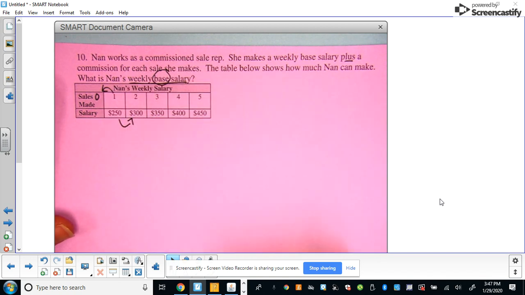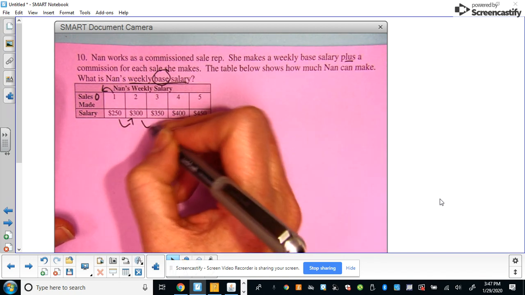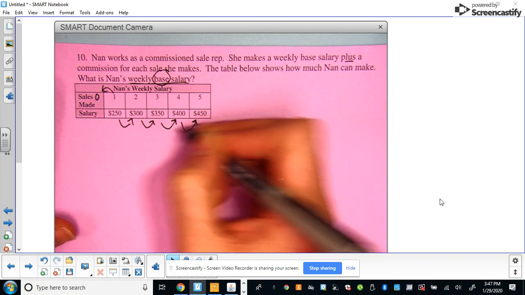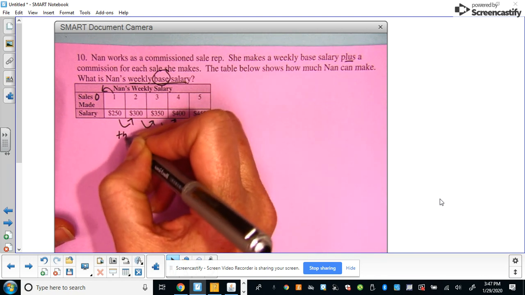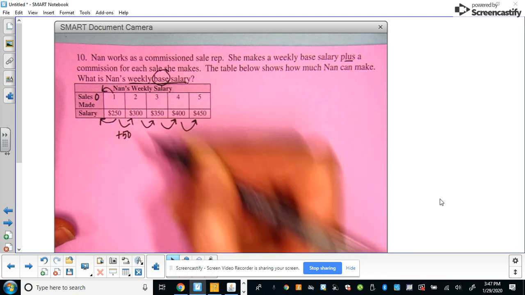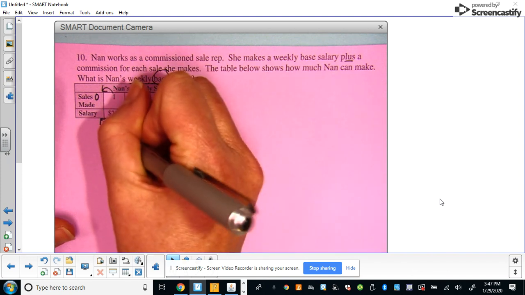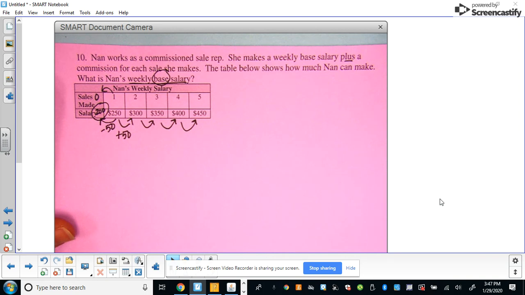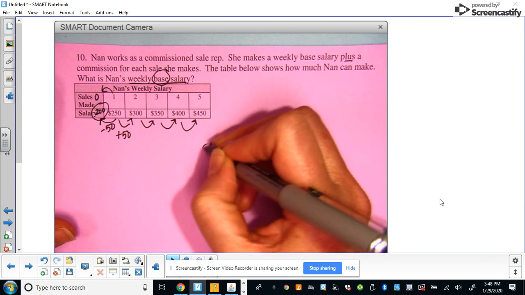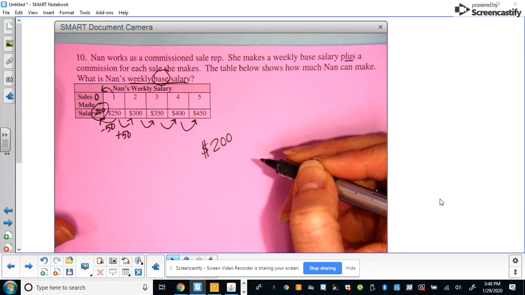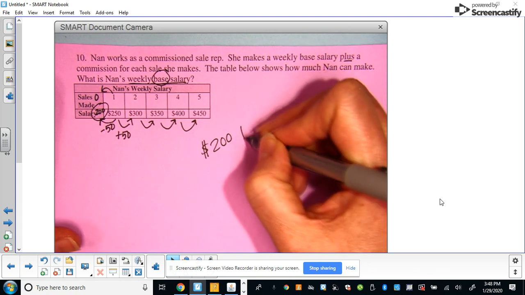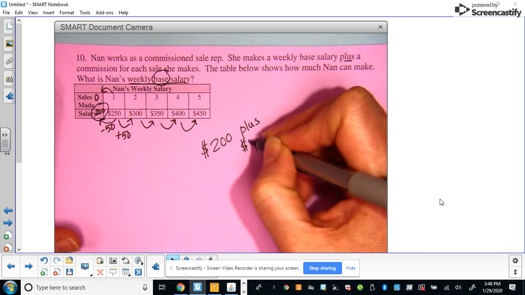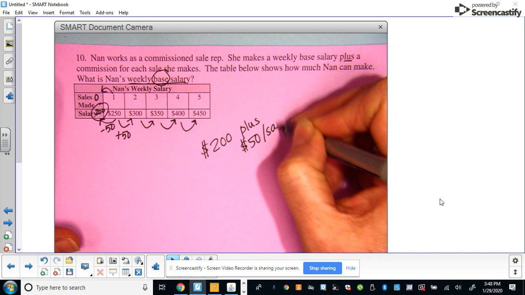If we were going forwards, it looks like we're adding $50 per sale. So to go backwards to see how much she started with, we do the opposite, and it looks like $200 is what she starts with per week, plus she's getting $50 for every sale.